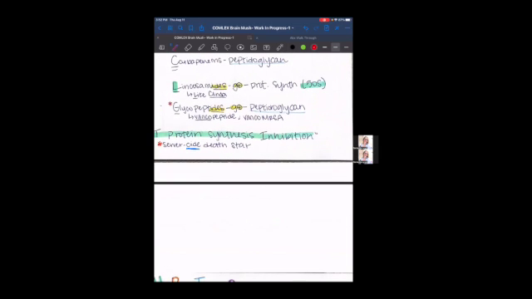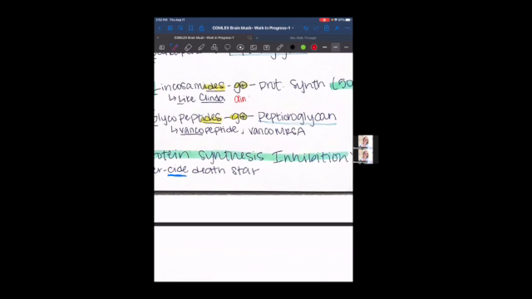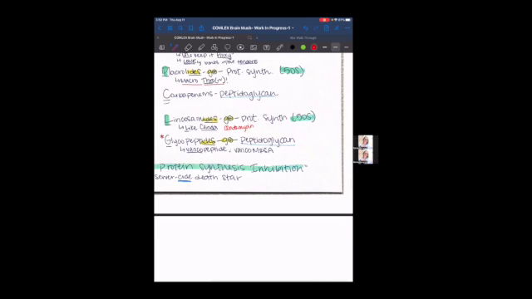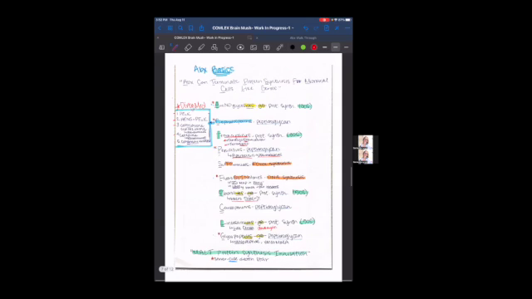Lincosamides, I just always had a hard time remembering what drugs were lincosamides. The most high yield one is clindamycin. So I said like Clinda. This actually circles back to our main mnemonic here, because the Q word in our mnemonic for lincosamides was like.